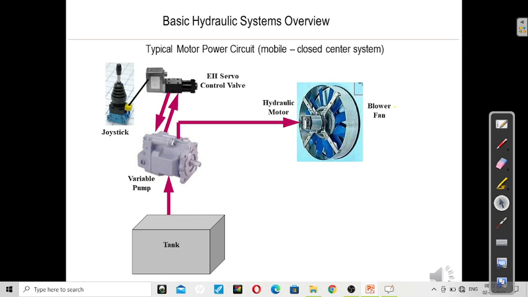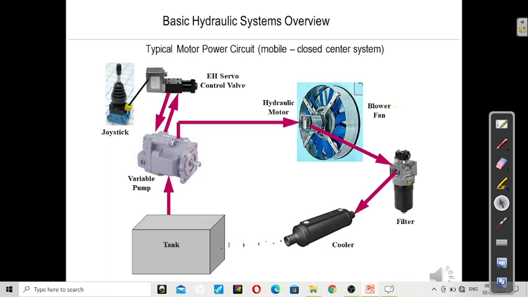Then this is the typical motor power circuit, the other way of building a hydraulic system. Before, there was a normal pump, but here you can see it is a variable pump. We have an external connection with a servo control valve with the joystick.